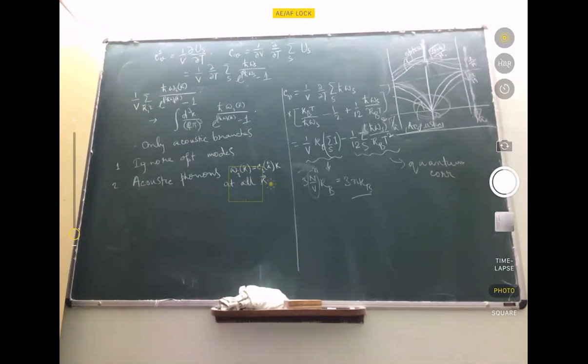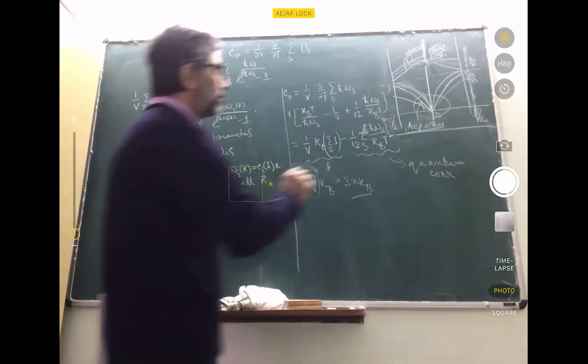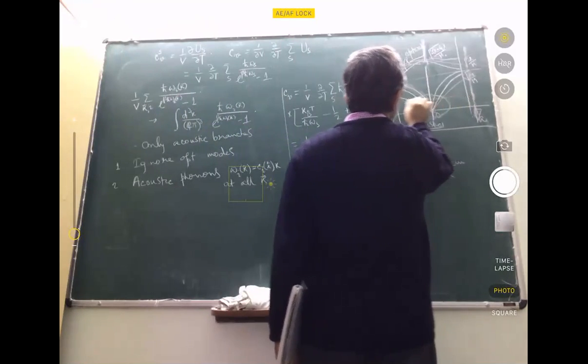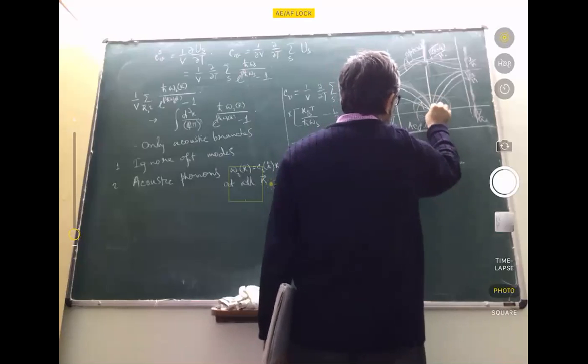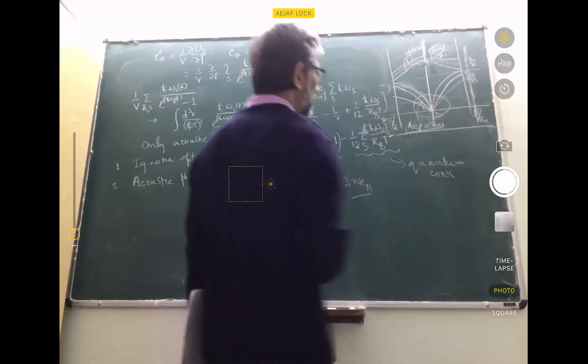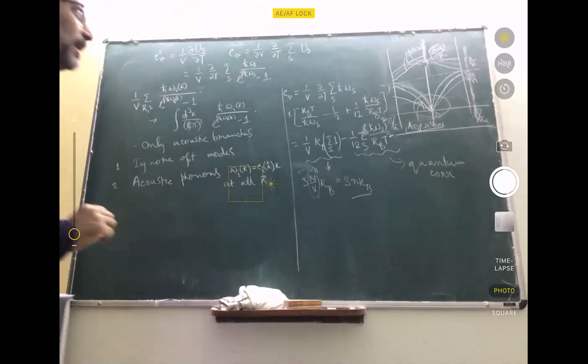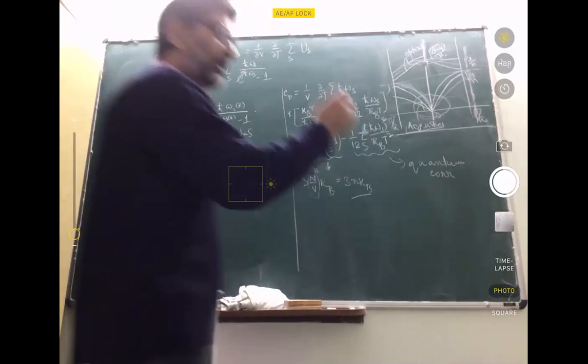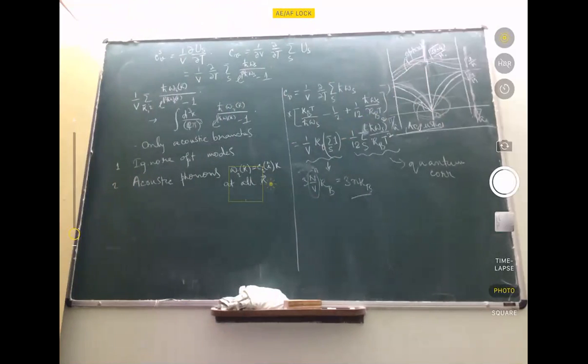Now, when is this valid? This is valid when my temperature scale is somewhere here, so that only these modes where the dispersion is really linear, they are excited, and the higher energy modes, even the acoustic branches, are not excited.